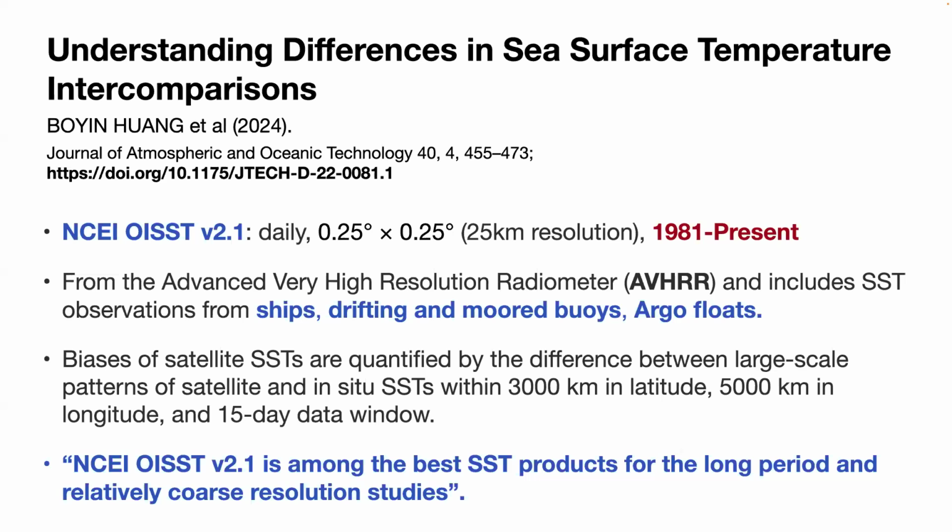Puget Sound is maybe not going to be so great, and you might want higher resolution data for that. But it's nice for lower resolution. It's a blend of AVHRR, so it doesn't blend the microwave data in. It's just AVHRR, and ship, drifting buoys, and Argo floats all go into this data set. It's 25 kilometers, keep in mind.